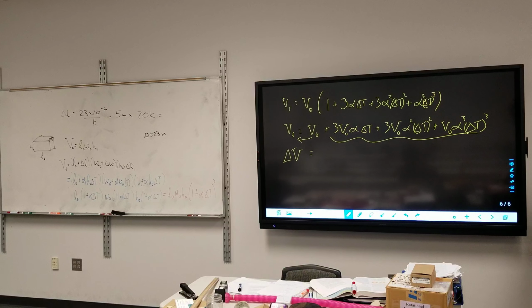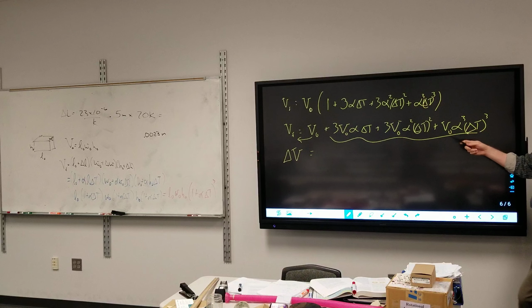But if we think about it, alpha is something like 10 to the negative sixth. Unless we're dealing with temperature changes of 1,000,000, at which point a lot of things break down, this term right here is going to be small.